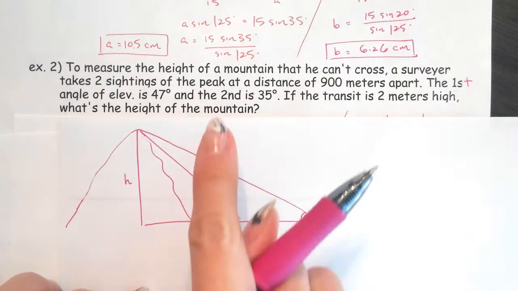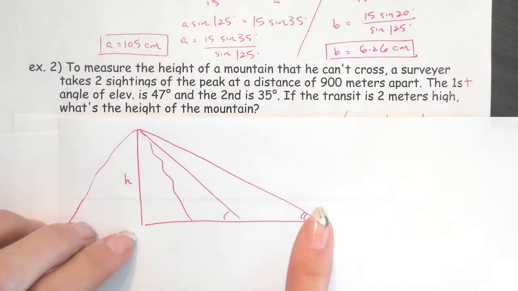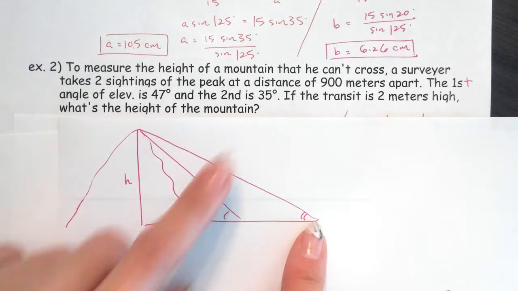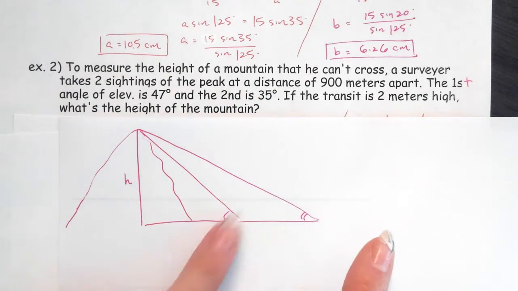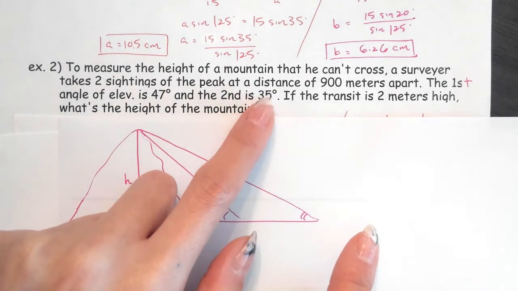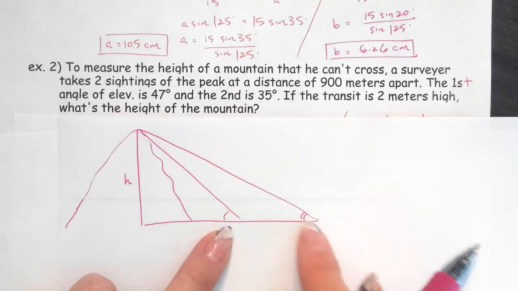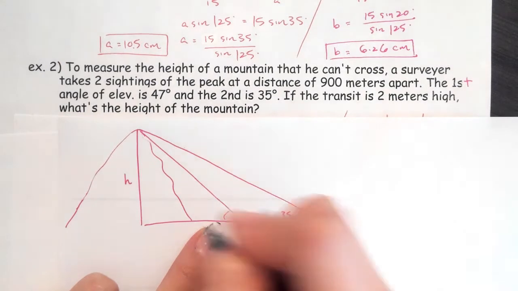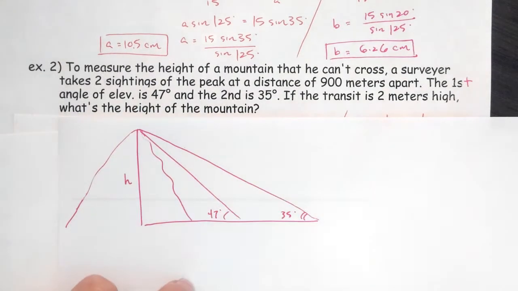The first one is 47, the second one is 35. Well, I'm going to think which angle is smaller. This one's smaller. If we go farther away, it's smaller, right? This is 35. This is 47.